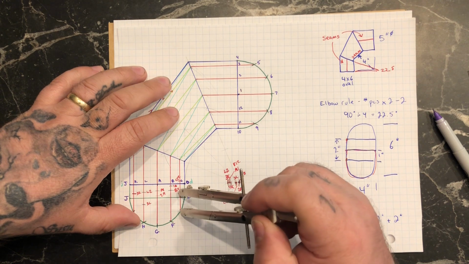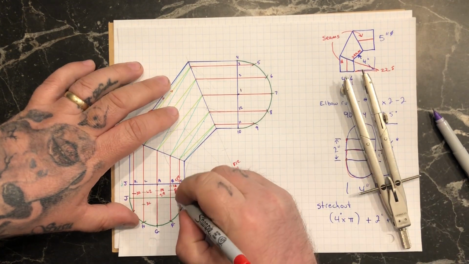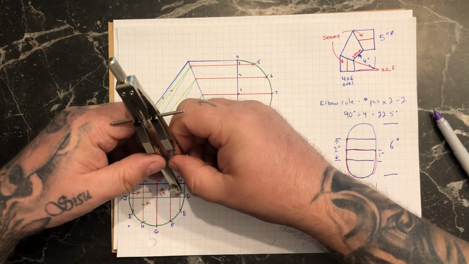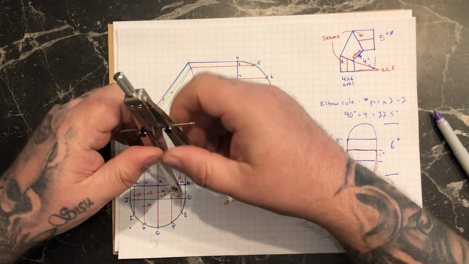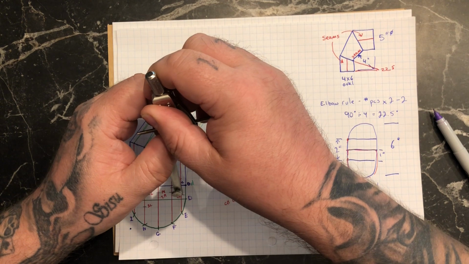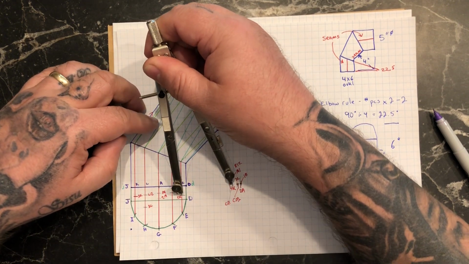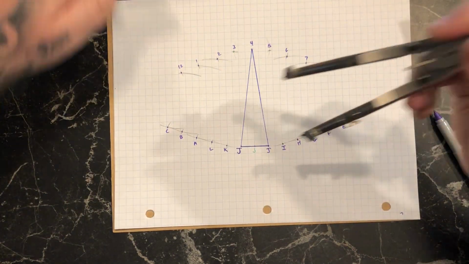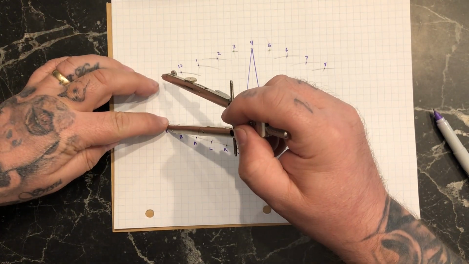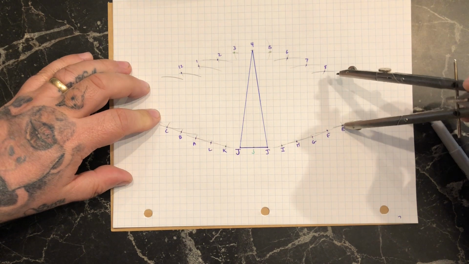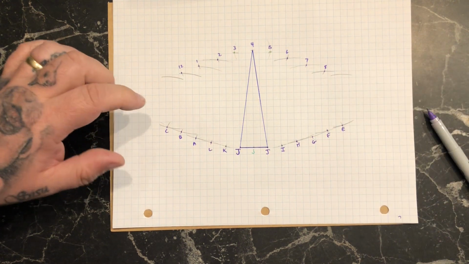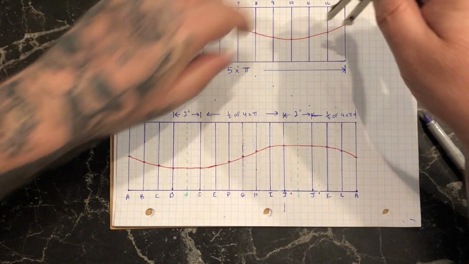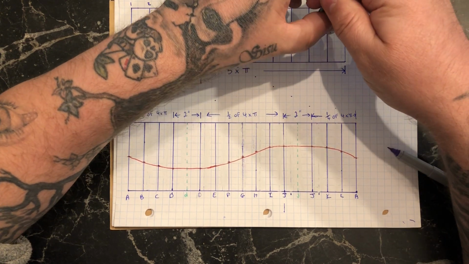Subtract it off of C. C11. So C11. And go C to 11. Twelve to 11.